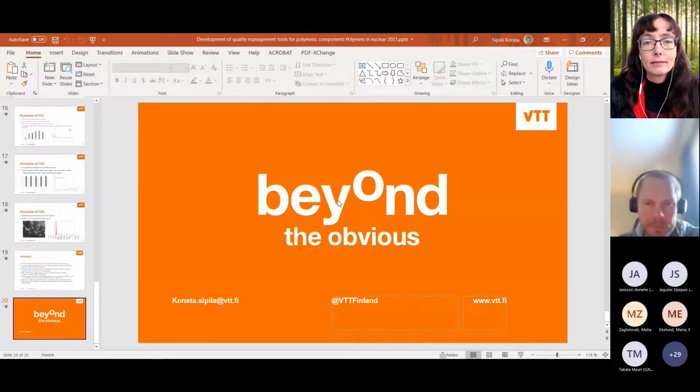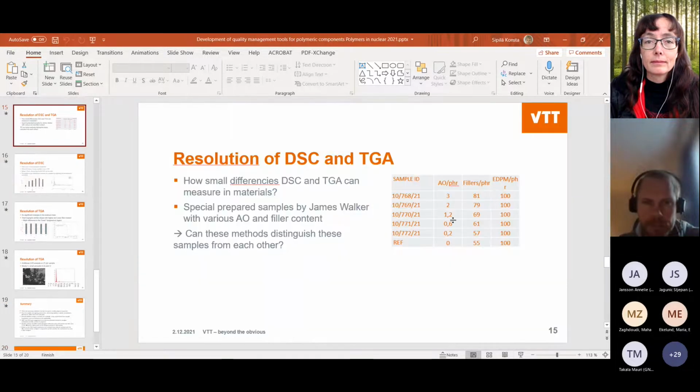Yeah, just a short question, Konsta. It's not a question, but information. You have obtained these different antioxidant percentages in the EPDM from James Walker. Do you think it makes sense if I test it in a microcalorimeter next year and try to see if some difference can be seen? I can also run a microcalorimeter like a DSC, but at a slow scanning rate, so the entire material will be homogeneously heated, with a bigger sample mass.